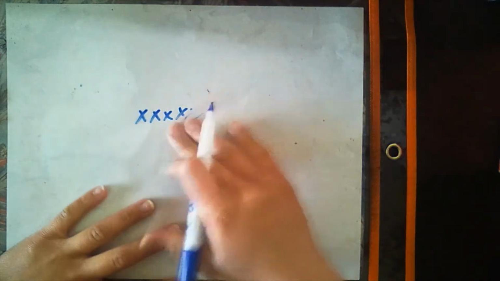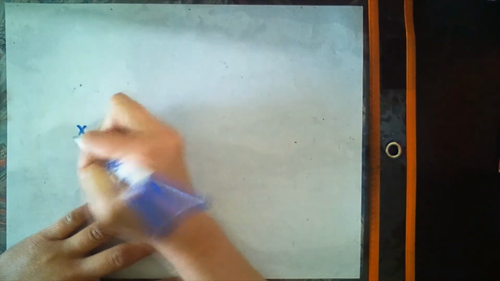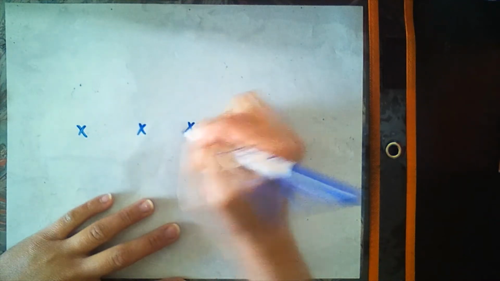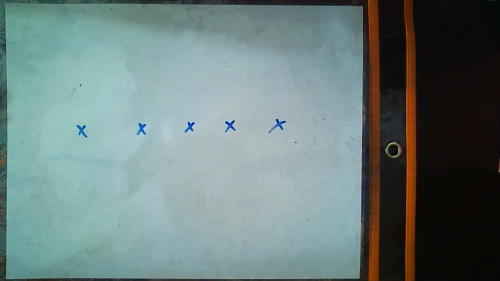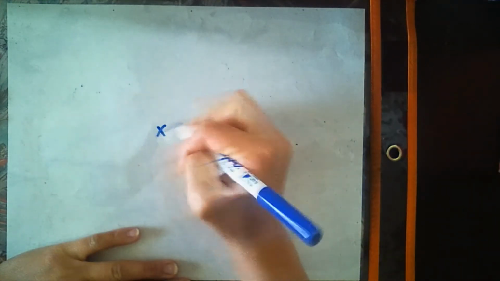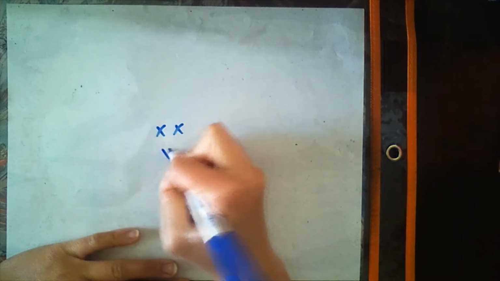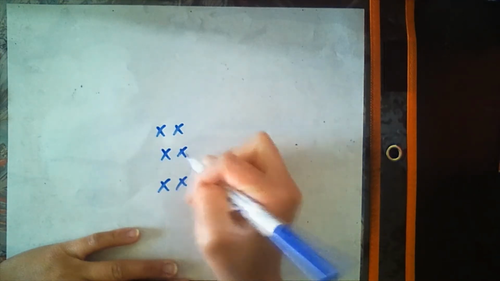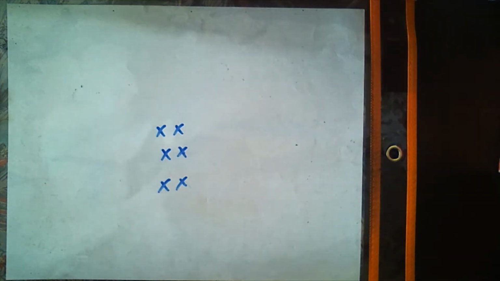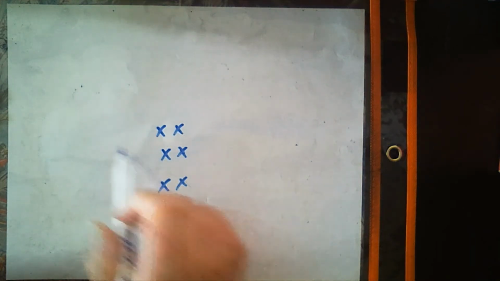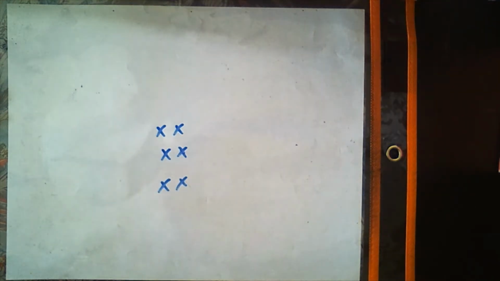I can make 6 groups of 1, or I can make 3 groups of 2. With this arrangement, how many rows do we have?